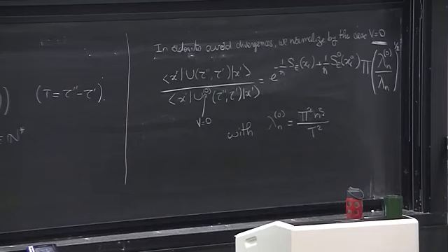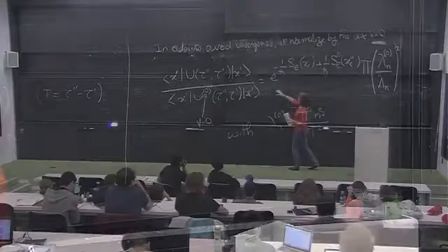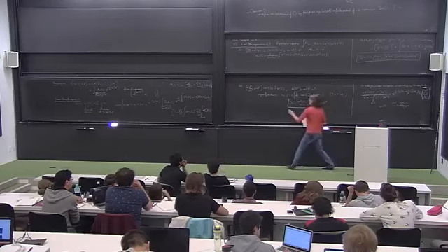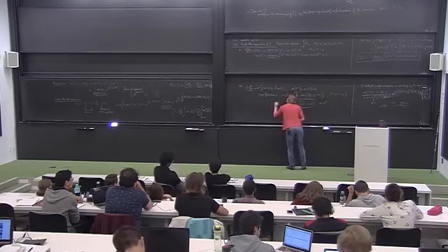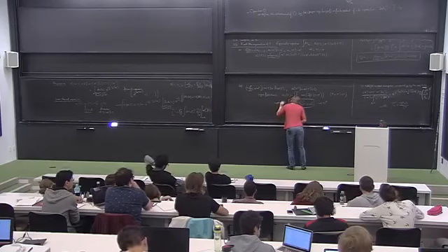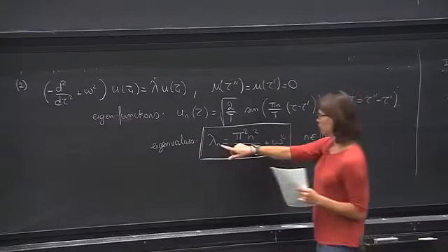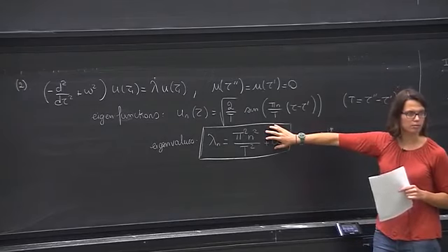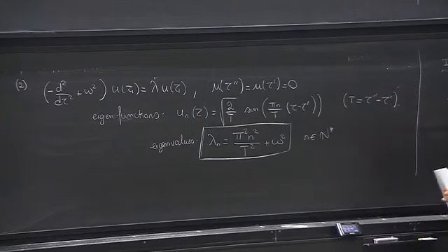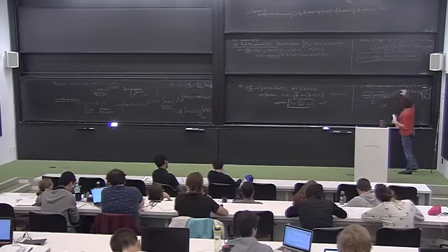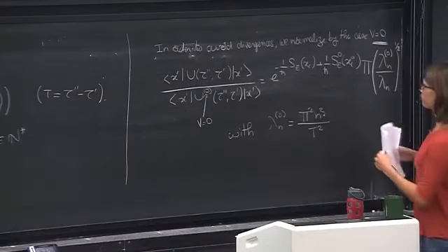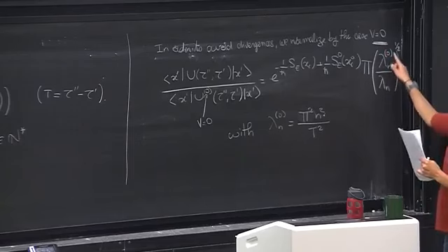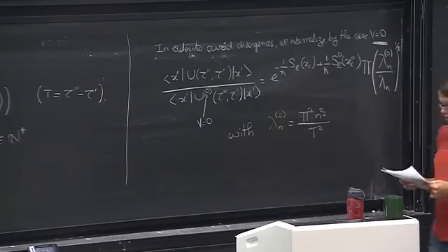If you do the same calculation with omega equal to 0, you end up with the same eigenfunctions, and the eigenvalues for V equal to 0 are going to be exactly the same, except that you don't have this omega squared term. So if we now look at the ratio between the two, this can be written like this, and we have to compute this factor.